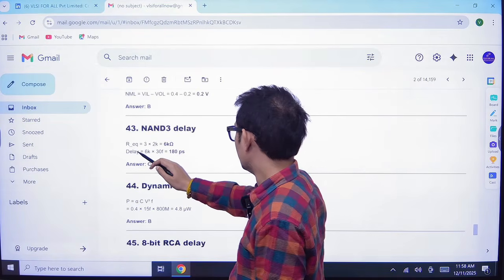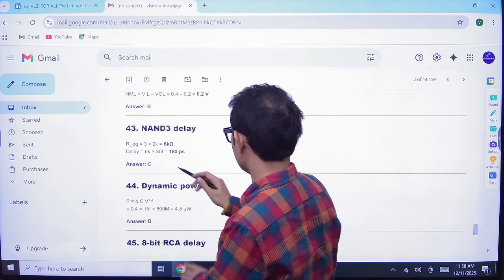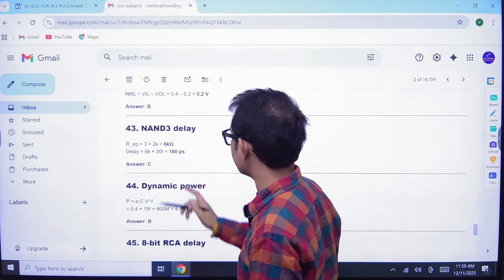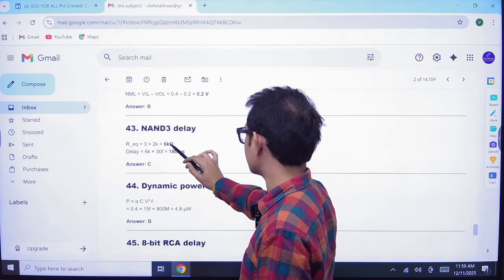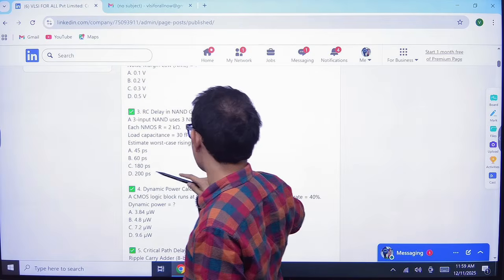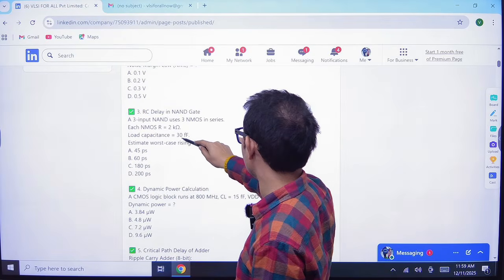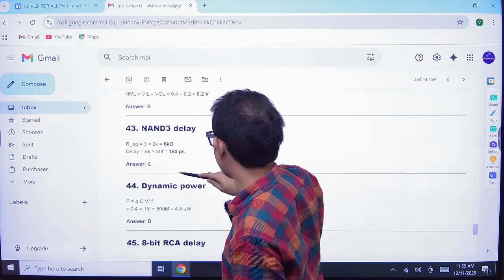Simple. We have 3 stages, so we have 4 plus 4 plus 4. This is 6, and after that we have to multiply with the capacitor value. So it will be multiplied by 30. So the answer is C. Fine.